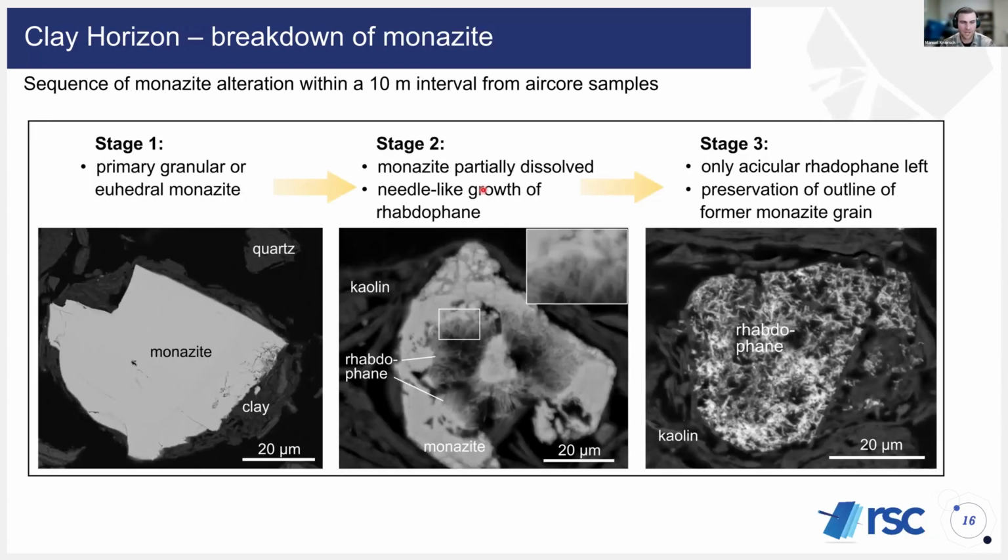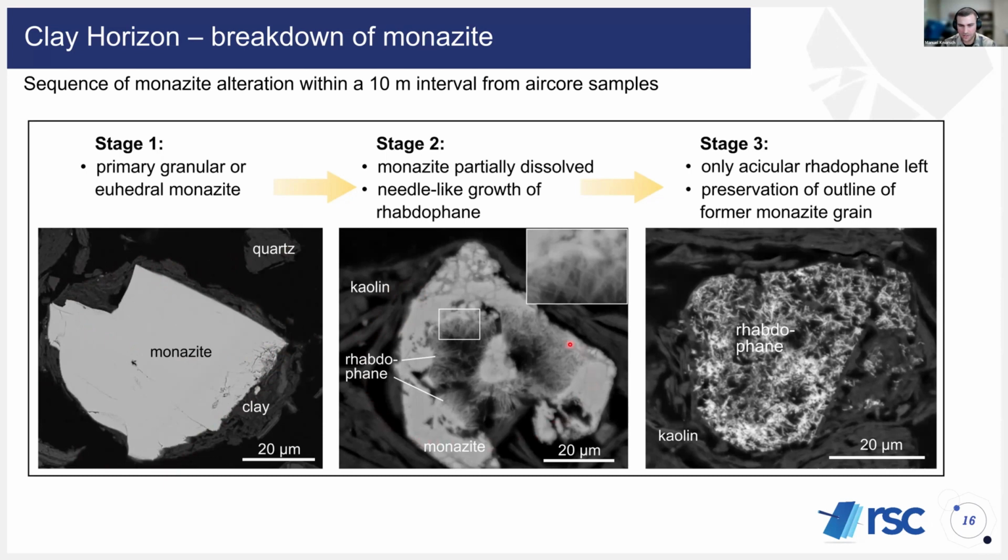That's a bit of a schematic. Again, coming back to our favorite minerals, monazite and rhabdophane. You see how it starts here in the regolith in the lower profile, maybe in saprock. Monazite still looks relatively intact, maybe a bit of weathering here on that bit, but overall still happy. And then if we move further up in the regolith profile, we see how there's a lot of kaolin already around it.